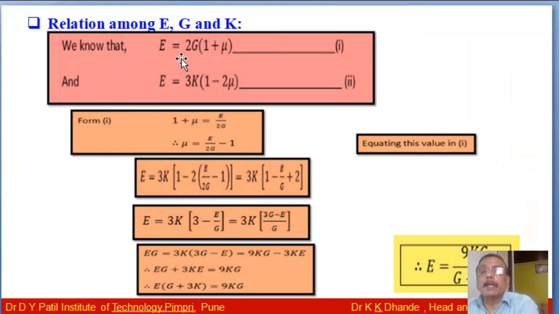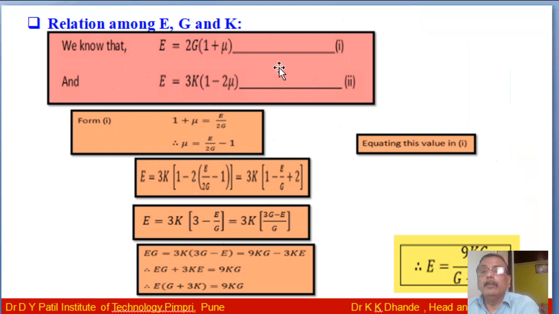Now E is equal to twice G times bracket 1 plus mu, say equation number 1. Capital E is equal to thrice K times bracket 1 minus 2 mu, equation 2. From equation 1, 1 plus mu is equal to E upon 2G. We have rearranged that equation. So mu is equal to E upon 2G minus 1, taking the 1 to the right hand side. Is it right?